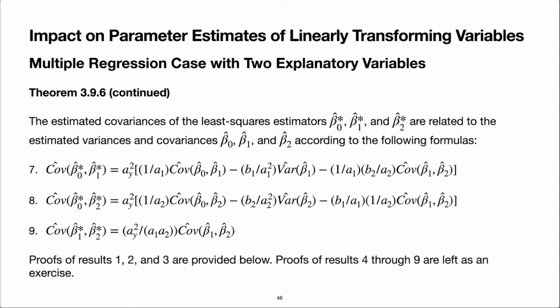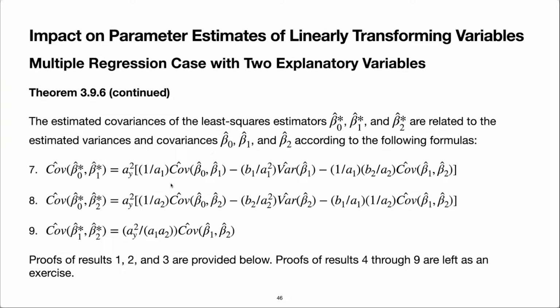So the estimated covariances of the least squares estimators, beta 0 star hat, beta 1 star hat, and beta 2 star hat, are related to the estimated variances and covariances of beta 0 hat, beta 1 hat, and beta 2 hat according to these formulas. And so the estimated covariance of beta 0 star hat and beta 1 star hat is given by this expression.